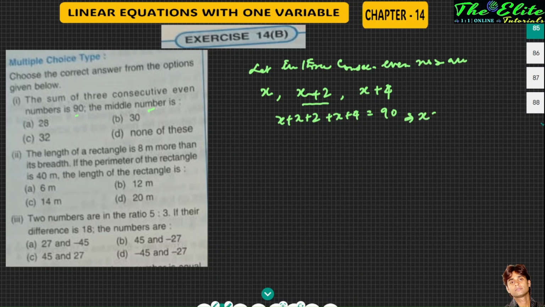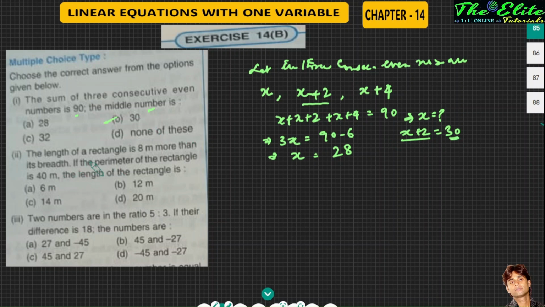That gives 3x plus 6 equals 90, so 3x equals 90 minus 6, which is 84. x is 84 by 3, which is 28. So x plus 2 is 30.